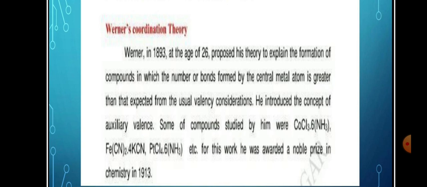He told that primary valency gives the oxidation state of metal and the secondary valency gives the number of coordinate bonds. And we know that the coordinate bond means the number of donor atoms of ligands that are coordinated with the central metal atom or ion.